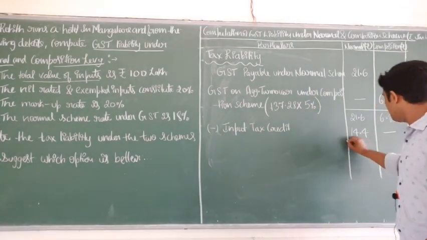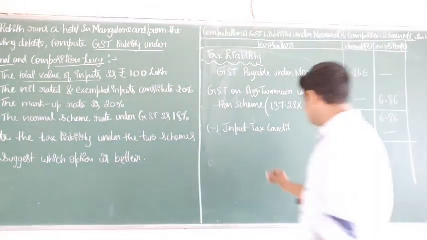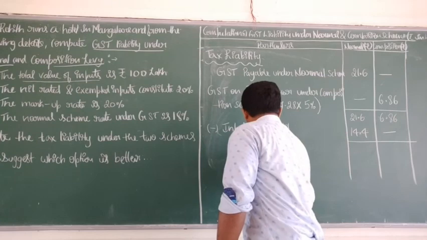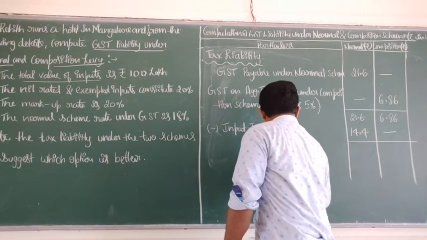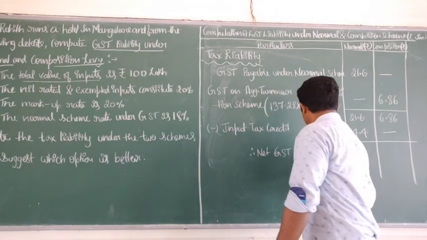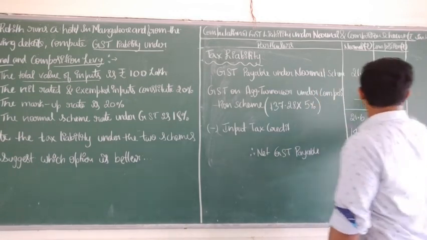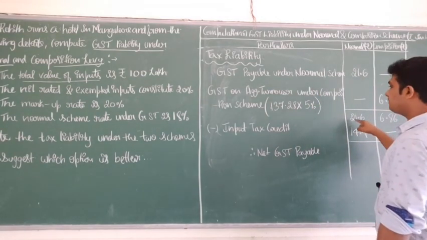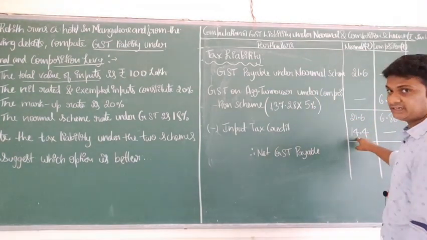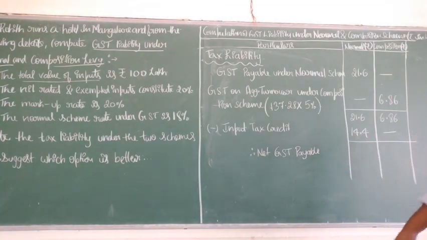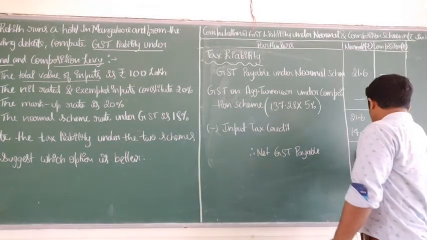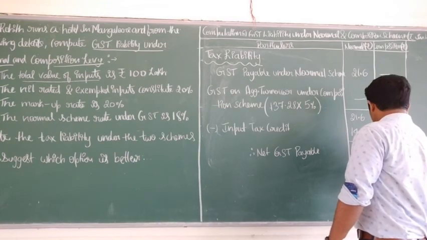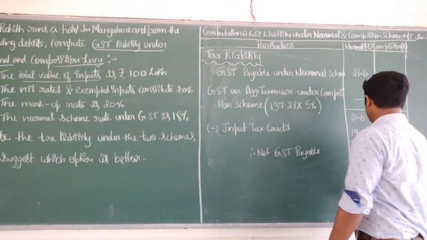So now we can find the net GST payable. So therefore net GST payable, in the case of normal scheme, from total tax we have to deduct input tax credit. Input tax credit, as I said, is 14.4. So the difference will be 7.2 lakhs.